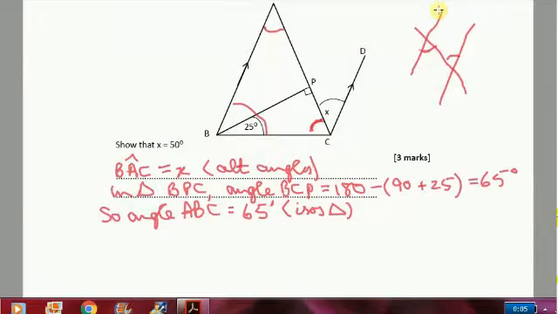So we've got 65, we need the third angle in the triangle ABC. Should be straightforward.